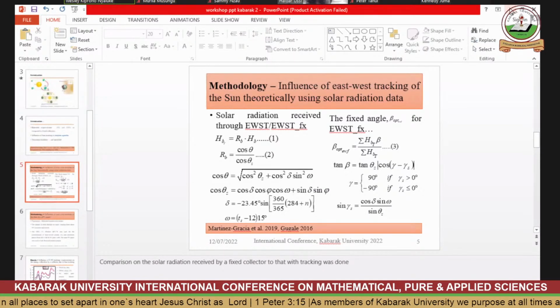Now, on the same note, your research is so interesting on how you are tracking the sun from east to west. My question is, why did you carry out this study, and what is its significance? Then two, you may just need to also tell us what could be the components of the sun tracking, in case you are doing it manually or it is automated. Thank you.